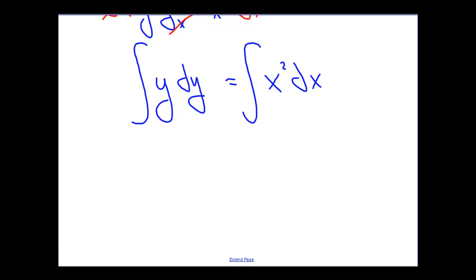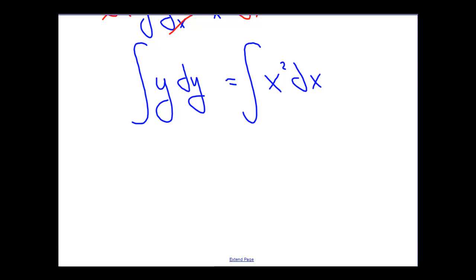One of the stumbling blocks, I think, that people have had in this particular work is integrating y with respect to dy. We hold a special place in our hearts for y. Y is supposed to be a variable that depends on x. But in this particular case, we treat y as purely a variable. So we think about this simply as the integral of y dy, and we treat y as though it were x.